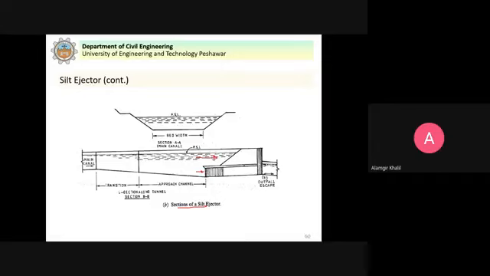The river should be narrow and straight with high non-submersible banks. The banks should not be submerged. Non-submersible banks reduce the cost of river training work that we just discussed: guide banks, marginal bunds, spurs, groins.